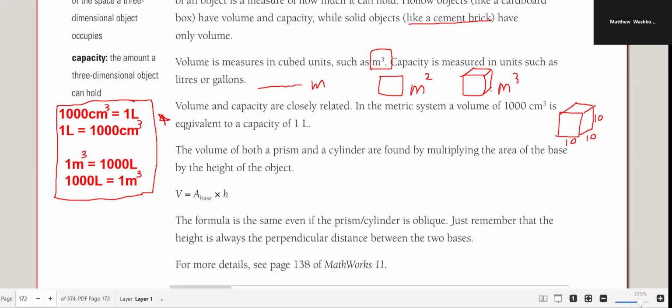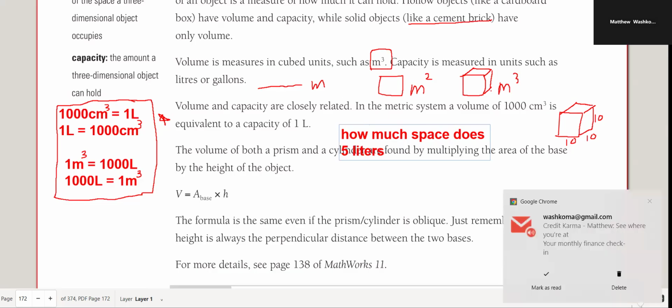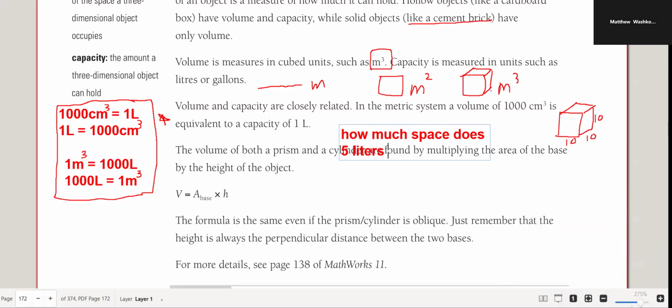So, for example, if I were to ask you, what is the capacity of 5 liters of water?